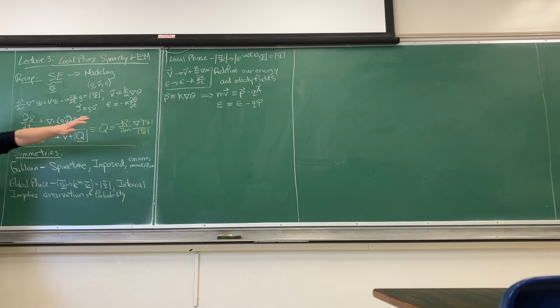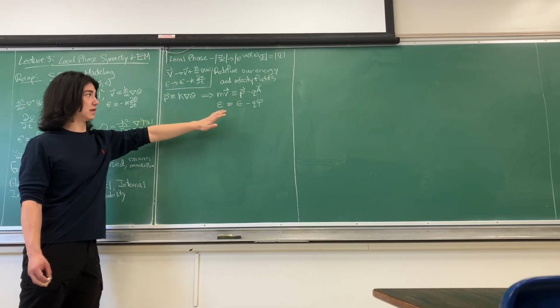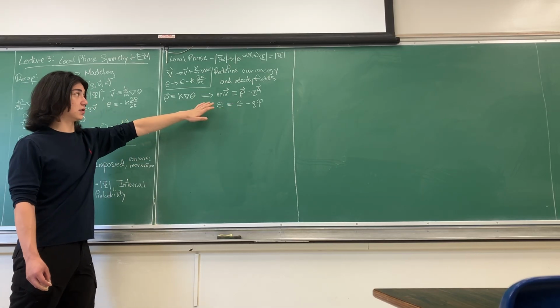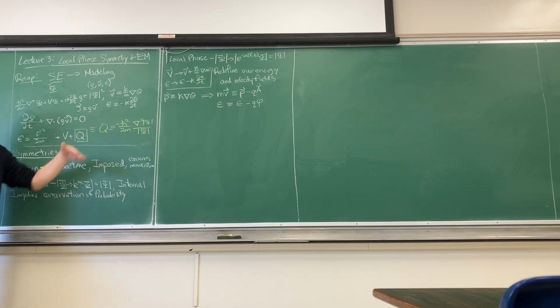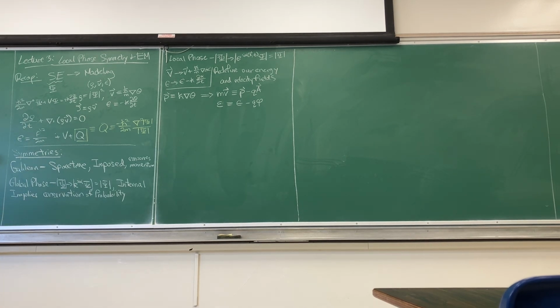But yes, that's correct. These aren't total momenta or total fields, total quantities. They are varying fields in space and time, and that's important because the fluid is allowed to flow by rho. Okay.